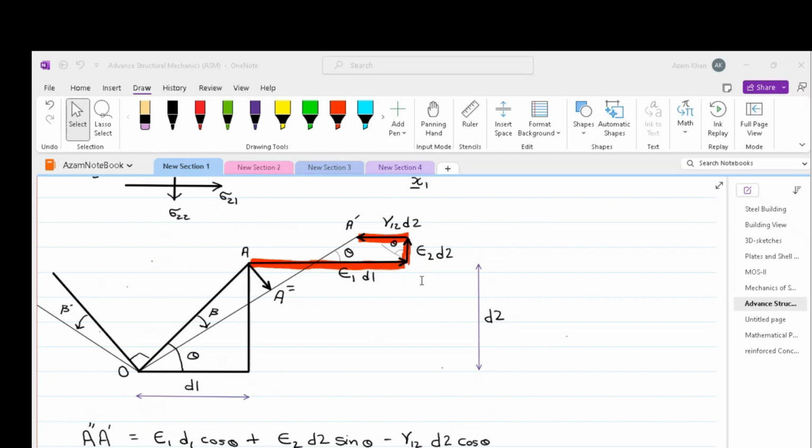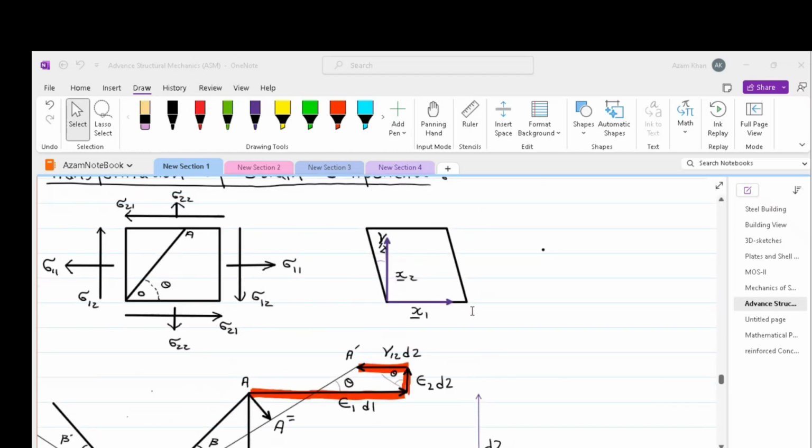Using the same logic, we can multiply the strain 2, which is in the x2 direction, to the original length D2. And the shear distortion gamma 12 can be multiplied with D2 in the x1 direction. So as we can see in this figure, the movement towards the left is gamma 12 times D2.